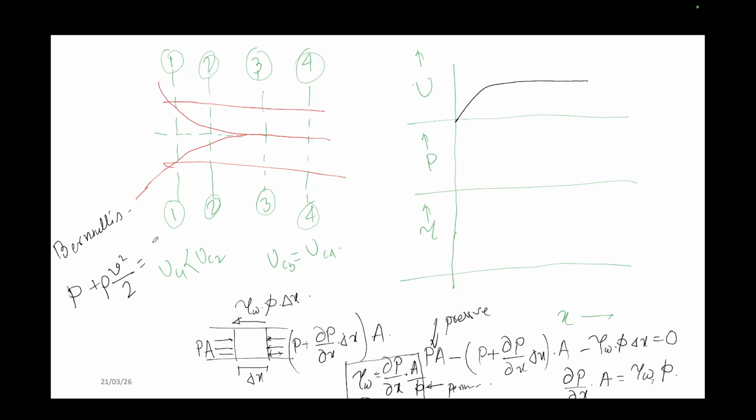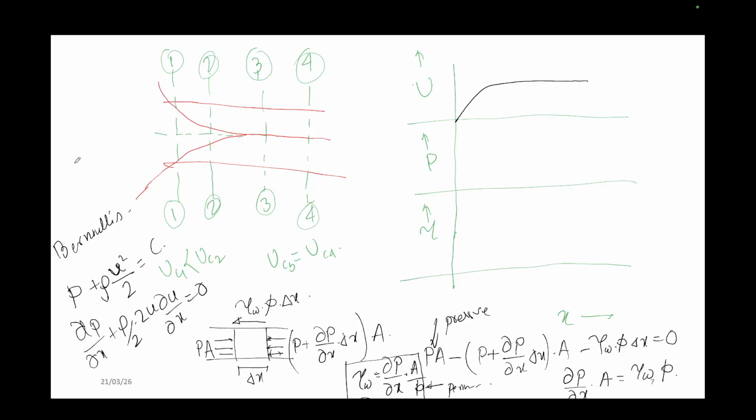That datum term I am considering as constant because the pipe is at the same inclination. So I am writing only the pressure term and the velocity term, P plus rho u squared by 2, where rho is your density. Now if I differentiate this with respect to x, I will get dP dx plus rho by 2 into 2u du dx equal to 0, right?